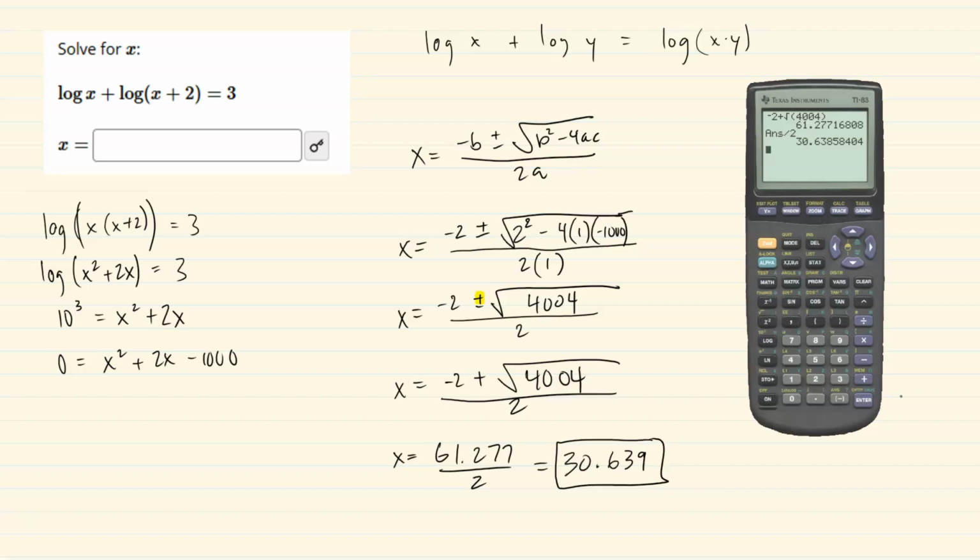It's always a good idea to check our work. We did some math here, and you may not trust every little step we've done. I'm going to do that right down here. It doesn't hurt to do that for any equation you solve. So we're going to do log of 30.639. Notice that I've rounded this, so it may not equal exactly 3 after we're done.